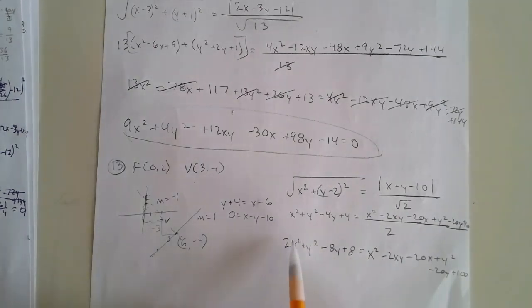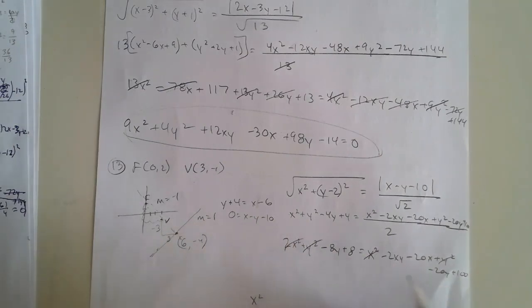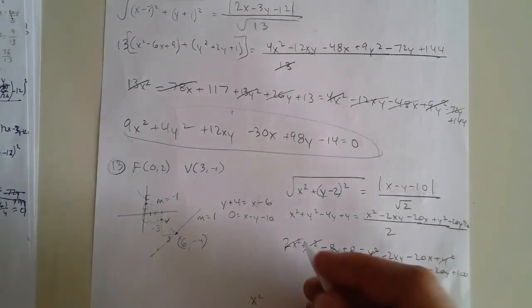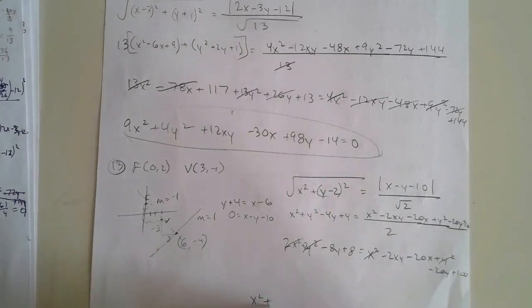I'm going to move everything over to the left because that's the larger exponent. So I subtract x squared from both sides and subtract y squared from both sides. Let me make sure that's right. Oh, that's supposed to have a 2, isn't it? I forgot that I scaled that by 2. There we go. The other one's right, so everything else is right. It's just that one, so that's y squared.